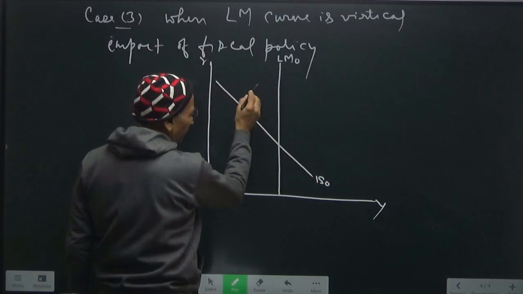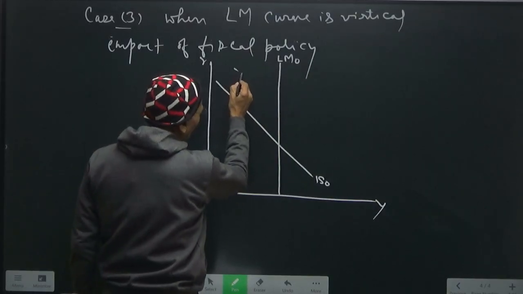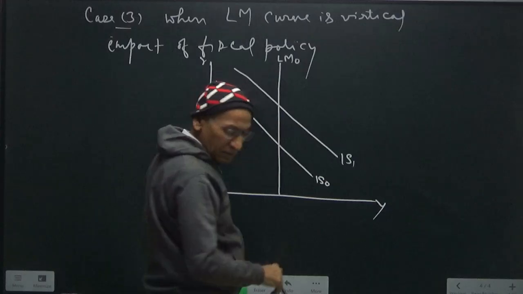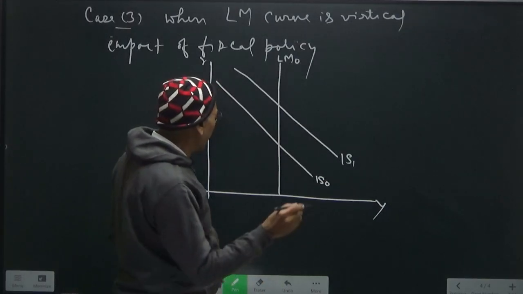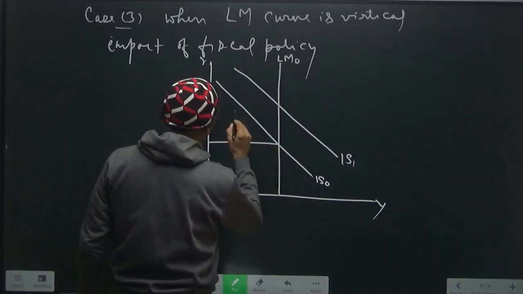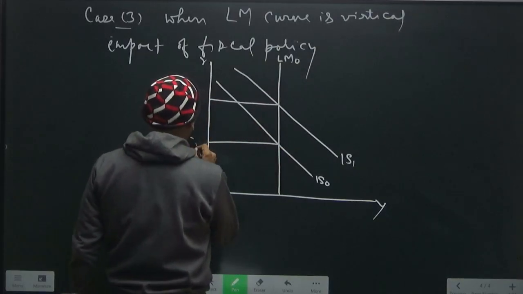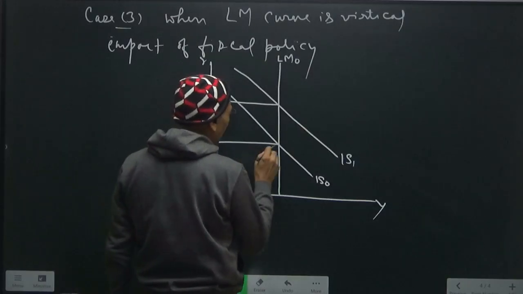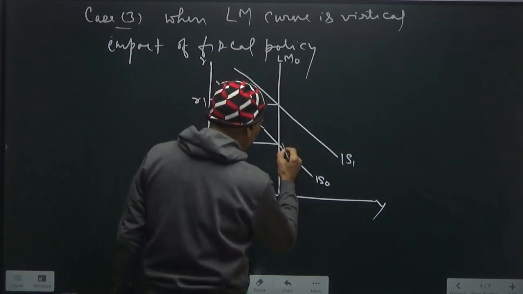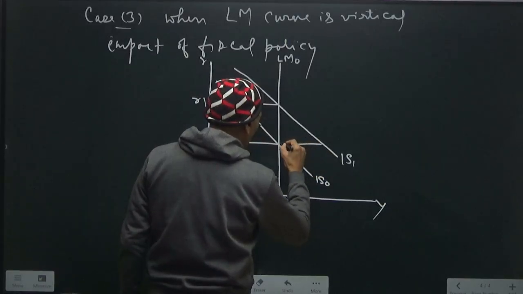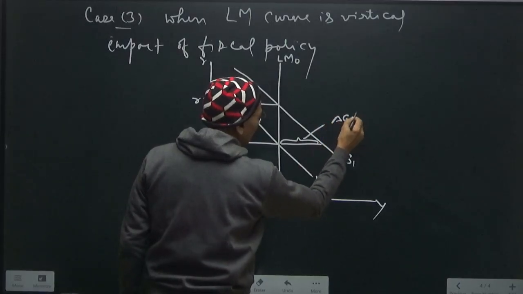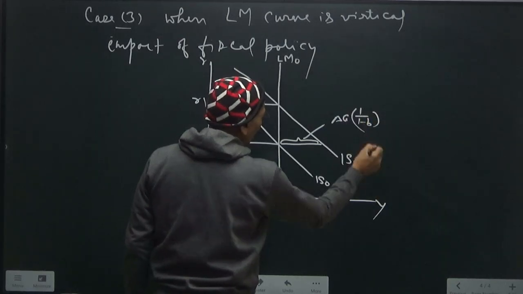With the increase in government expenditure, the IS curve will shift rightward to IS1. This is R0, R1, and this will be equivalent to delta G through the multiplier.